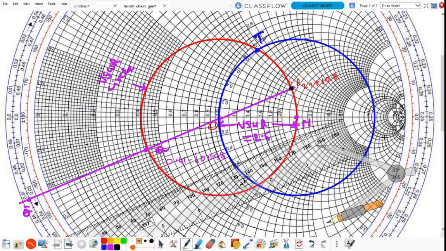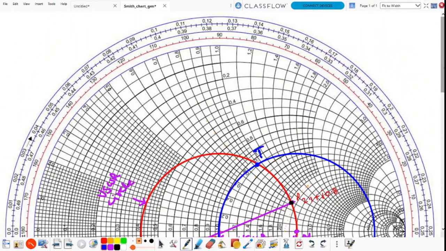At point T, identify the r equal to constant circle and the x equal to constant circle.